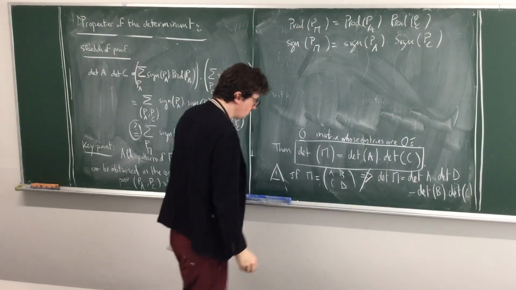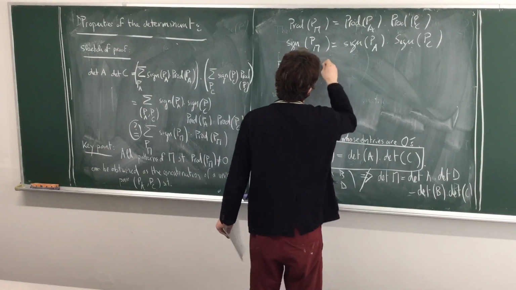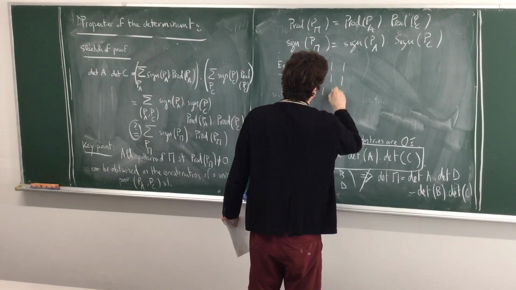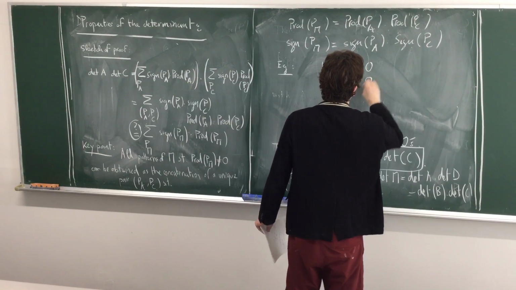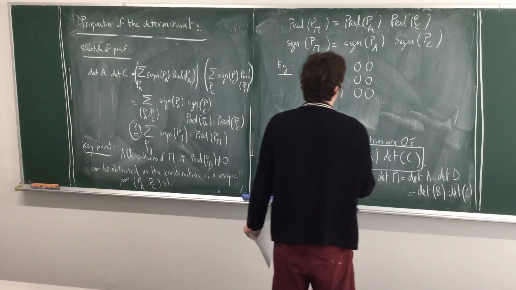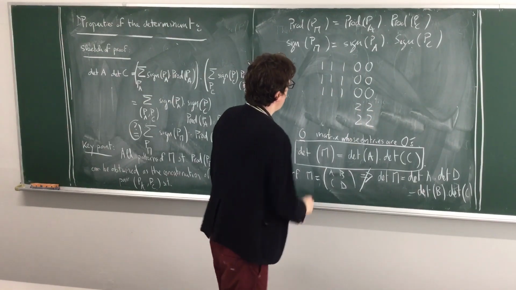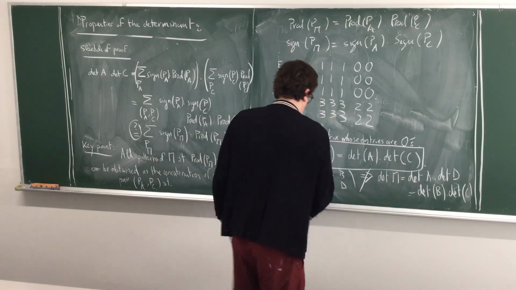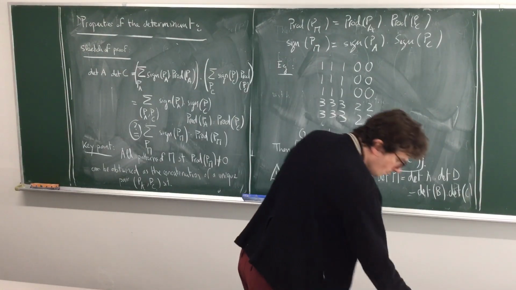Now let me give you one example. Okay, so let's take 1, 1, 1, 1, 1, 1, 1, 1, 1. Then we will put some 0 here, and then we will do 2, 2, 2, 2. And here we will have 3, 3, 3, 3, 3, 3. I said that this matrix is defined by block.